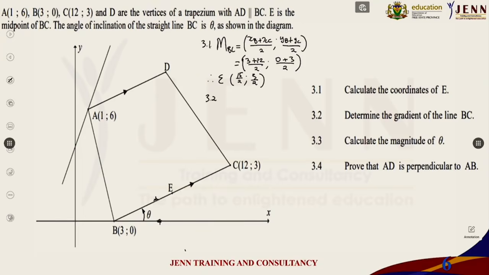The gradient of BC equals the y coordinate of C minus the y coordinate of B, divided by the x coordinate of C minus the x coordinate of B.